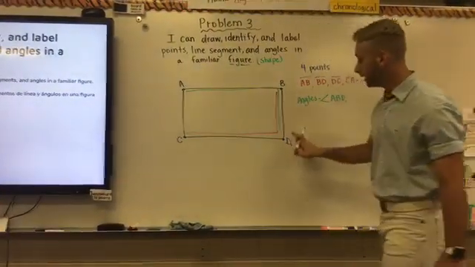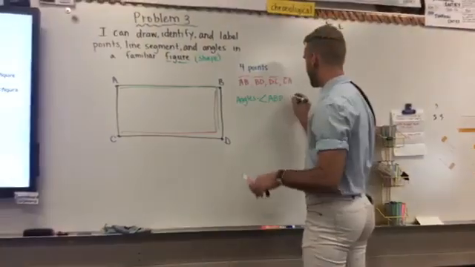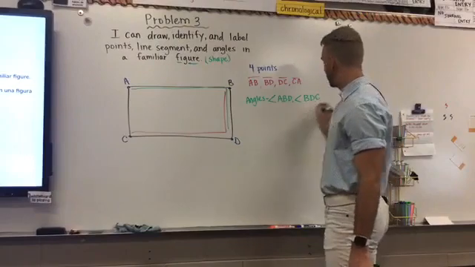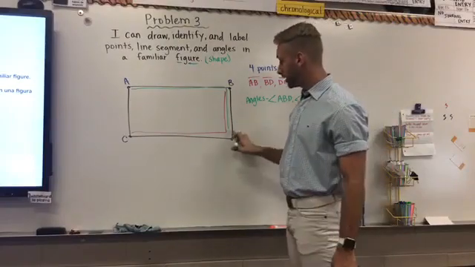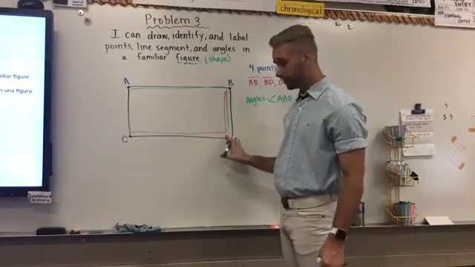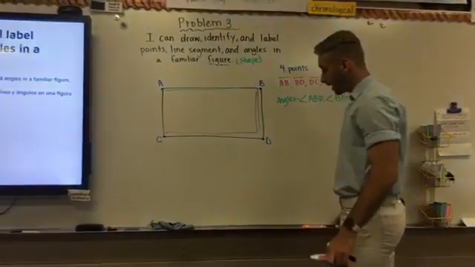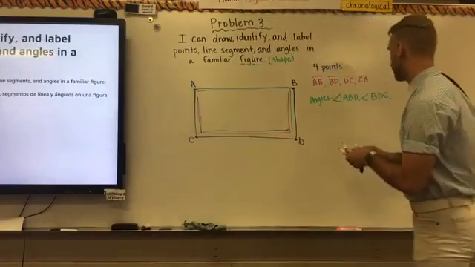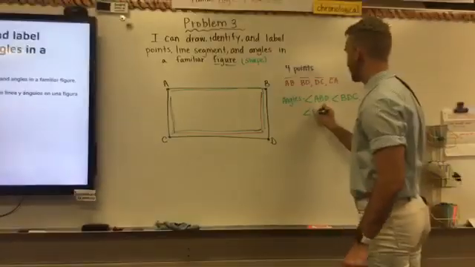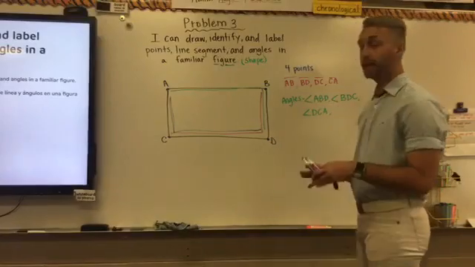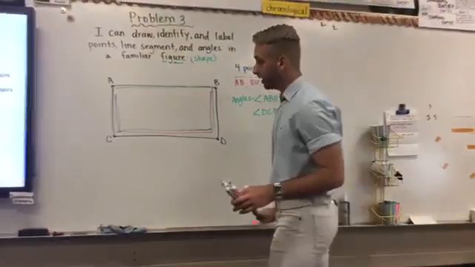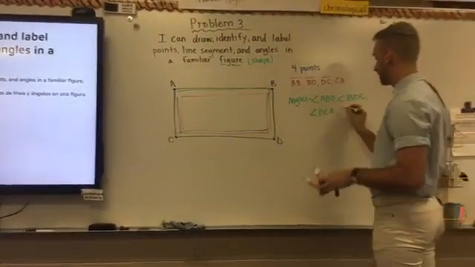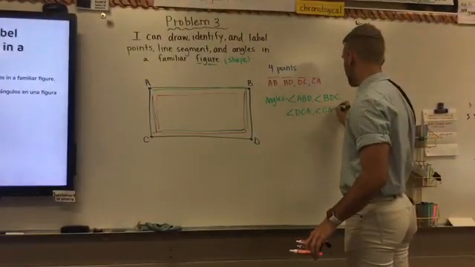This went from B, D, C. So again, this is angle B, D, C. Our next one. So I need to start here now. I have D, C, A. So angle D, C, A. And then the last one is going to be from C, A, B. Angle C, A, B.